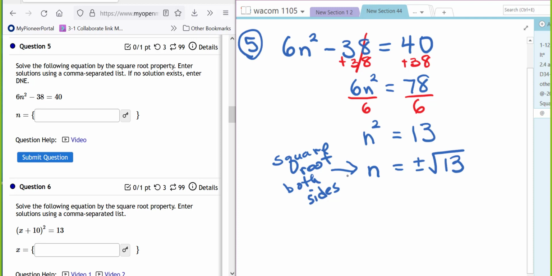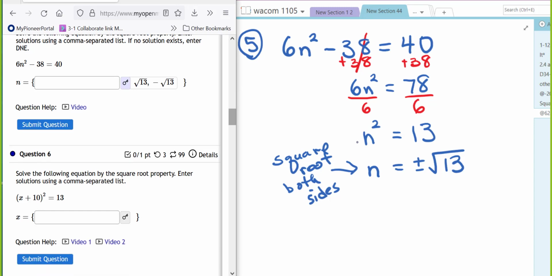Right. So it ended up easy here with the solving, but you had to do some stuff before you got there. So you don't want to do square root method until you have the piece that's squared all by itself. Okay, let's see if we have the right answer. Good. You just have to split it up there.